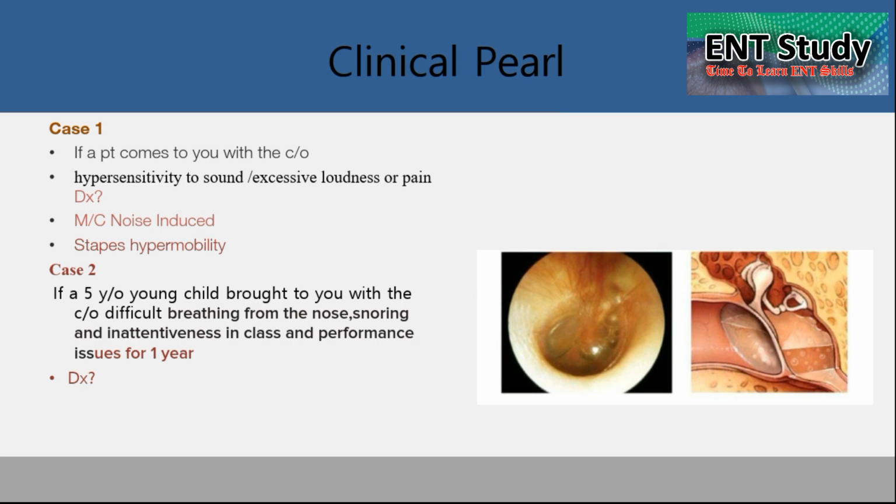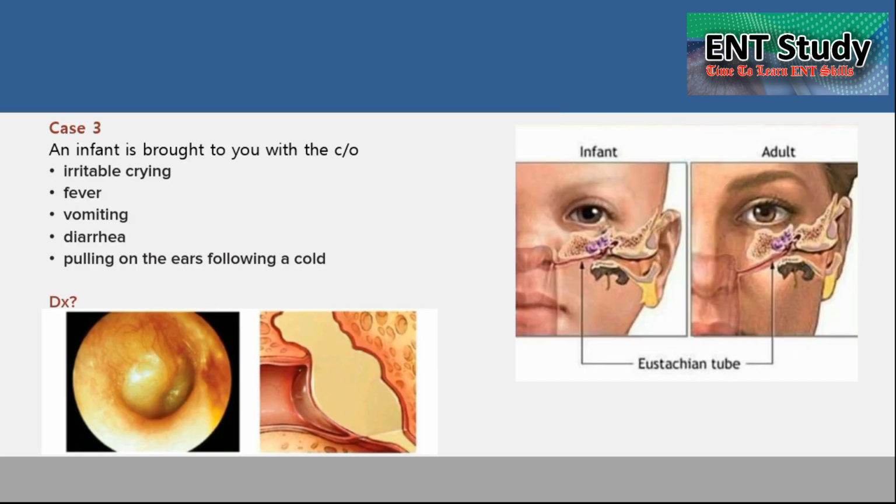Due to adenoid enlargement, there is a mechanical obstruction of the eustachian tube, thus it does not function properly, which led to collection of fluid behind the tympanic membrane. And you perform otoscopy, you find this. And this condition is otitis media with effusion.